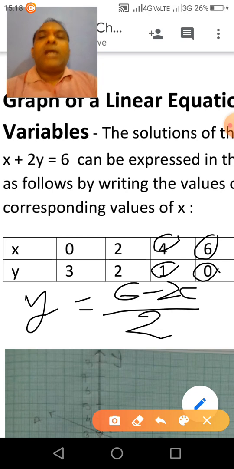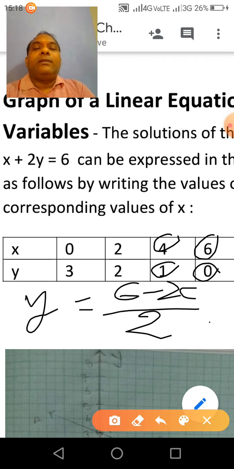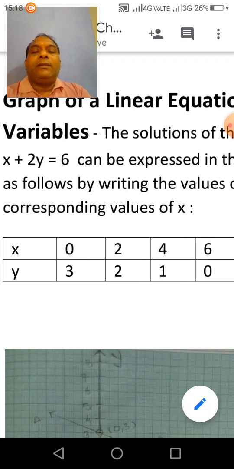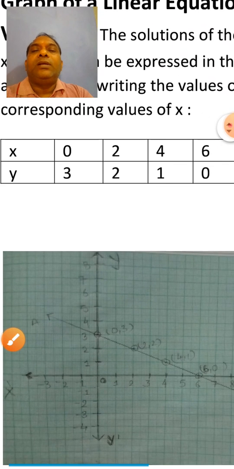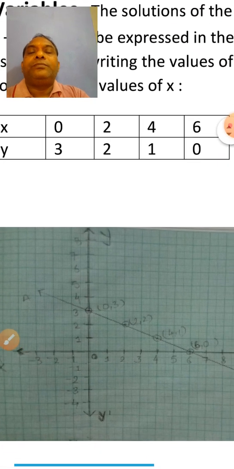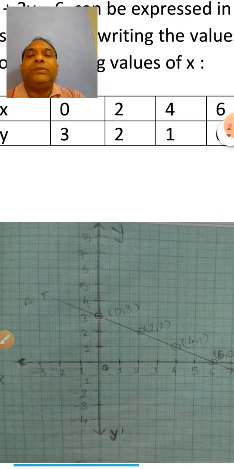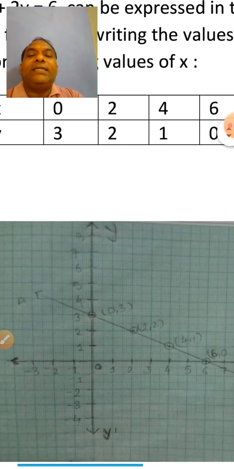So to plot the graph of an equation, firstly put the value of y in terms of x. Then put different values of x and find the different values of y. Clear? Now plot the graph. So here is the x axis and y axis.